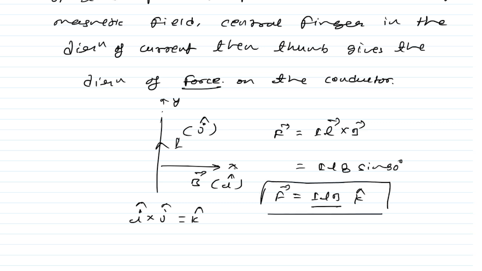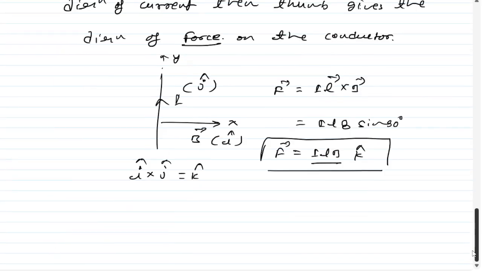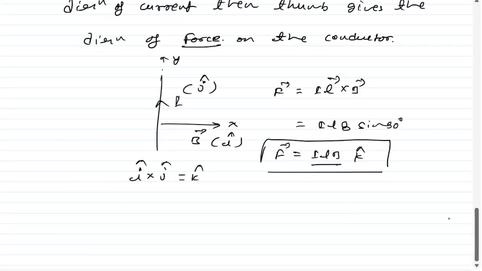So either you use unit vectors and take the cross product, or you can use Fleming's left hand rule: stretch the forefinger in the direction of magnetic field and the central finger in the direction of y, then the thumb points in the direction of force, which is k.